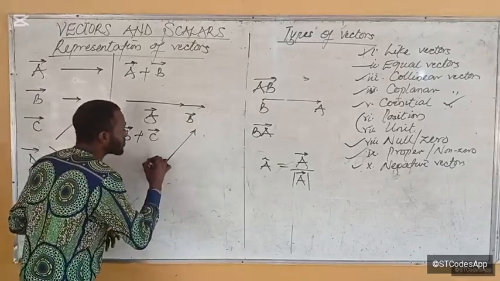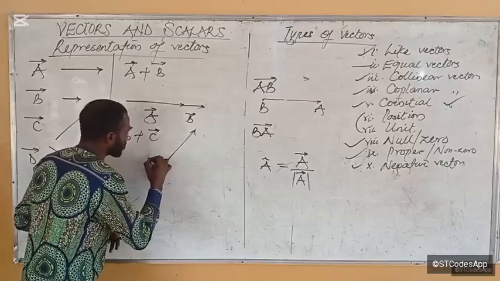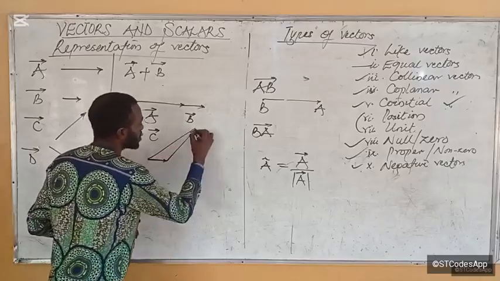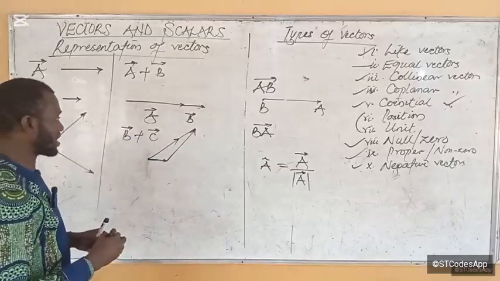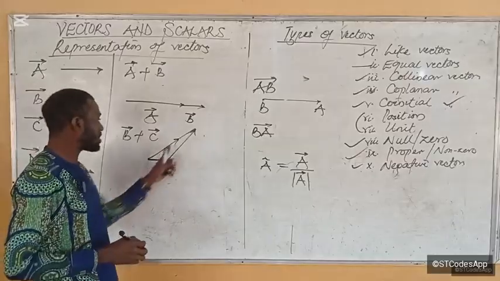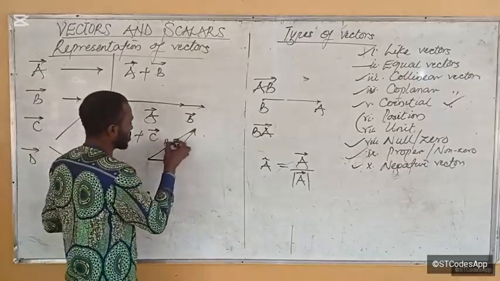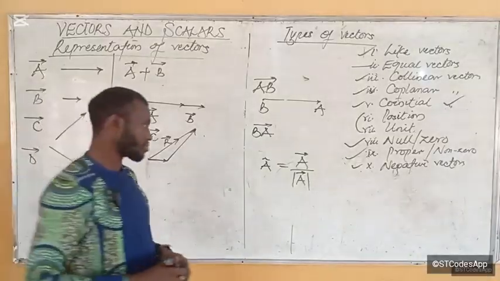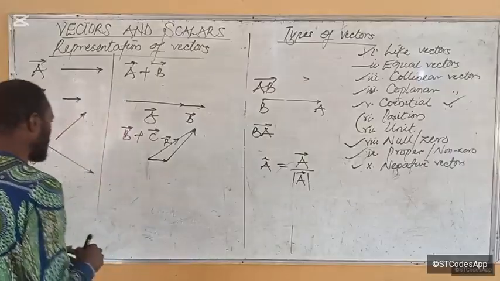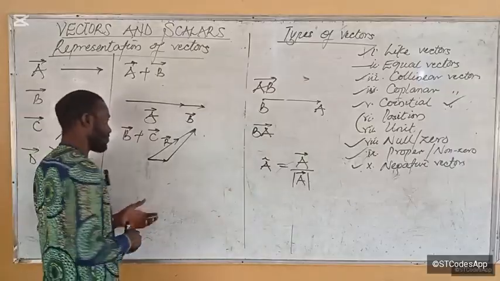The resultant of these different directions is drawn from here to the top here. Is that clear? So this will be the resultant of this addition. All right. So that is the addition of vectors.